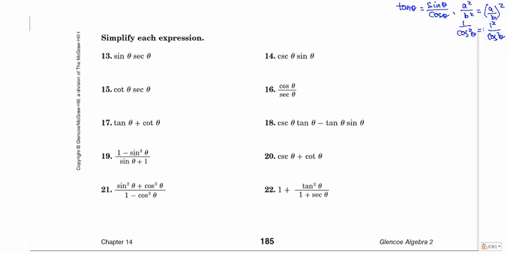Then this can be further simplified as 1 over cosine theta, squared, and then 1 over cosine is actually secant theta. So from here you convert into this. Okay, so this has to be used when you try to simplify any trigonometry function.